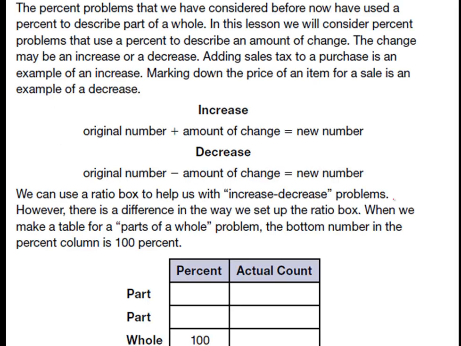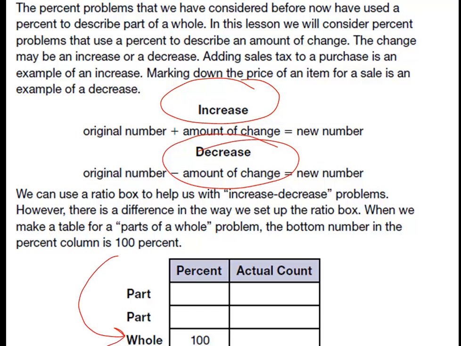Normally in percent problems that we've considered in the past, we've figured out a part of a whole. Now we're going to start talking about increases and decreases in an original amount. In the past, when we set these up, remember we had the 100% being the whole amount. When we do increase and decrease, we're going to change the box up just a little bit.